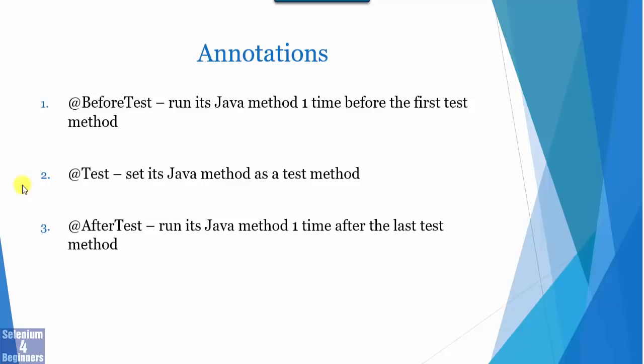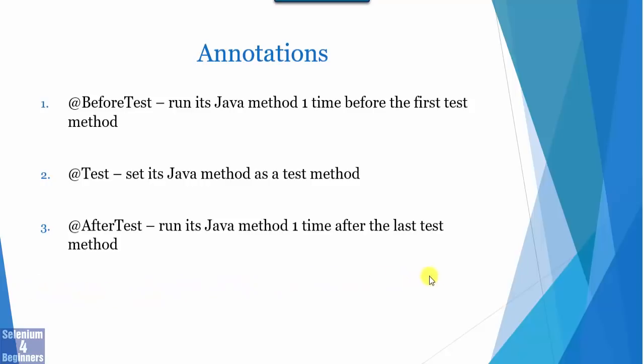We have the ability to set one Java method as a test method or several Java methods as test methods. @AfterTest runs its Java method one time after the last test method. If there's only one test method, then the Java method will run once after the test method.